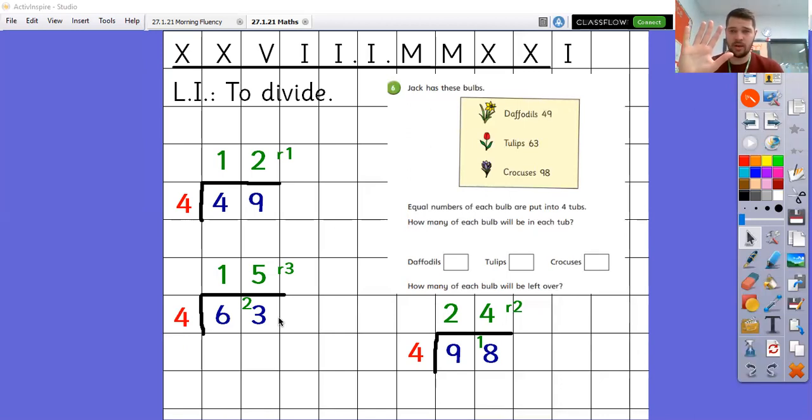And to get to 23, I need to add 1, 2, 3, 21, 22, 23. So I have 3 remainders. And then you can see that there for 98 divided by 4.